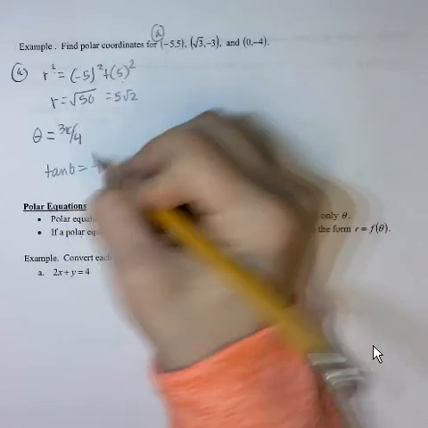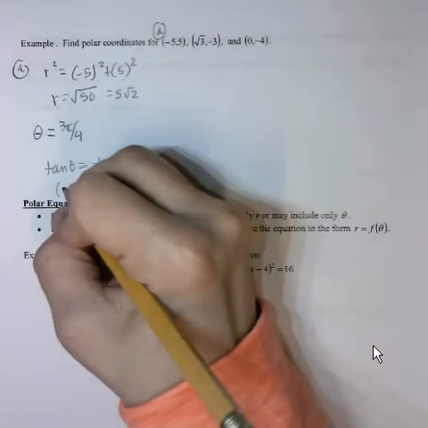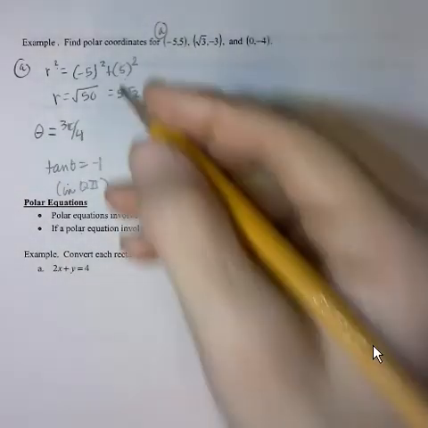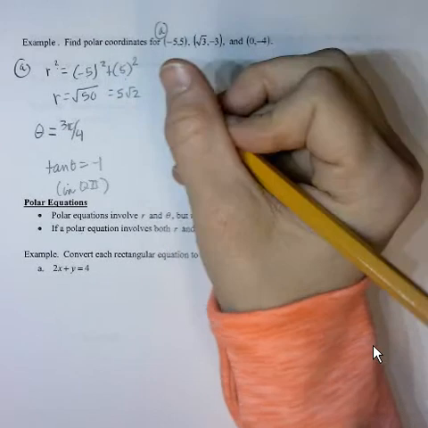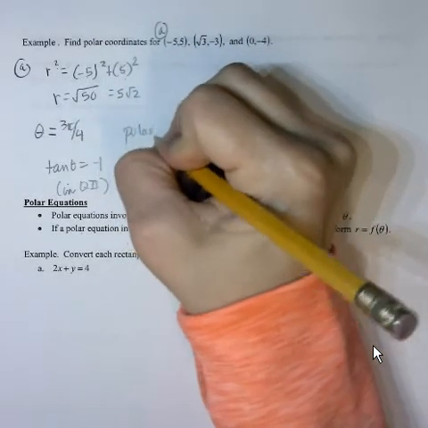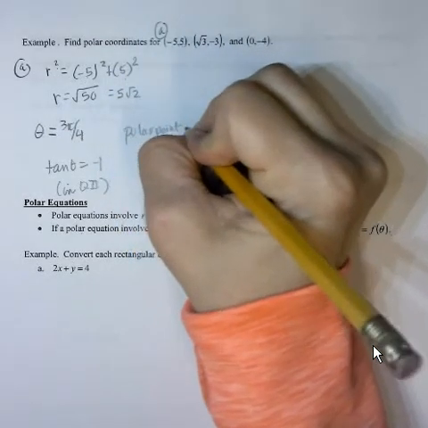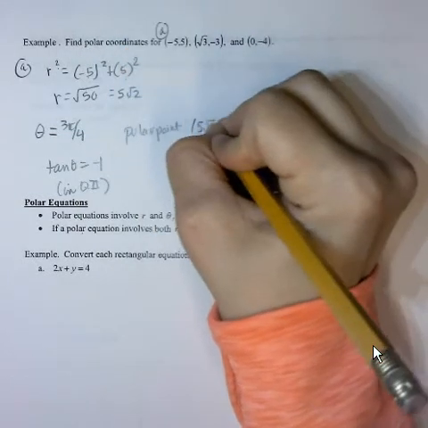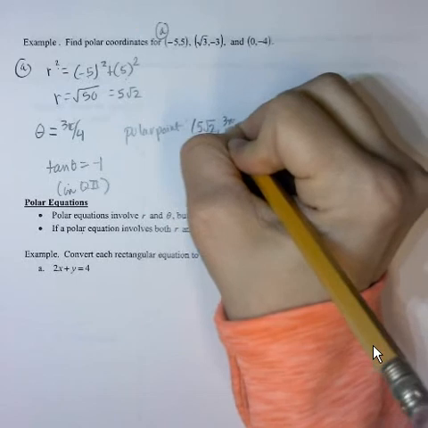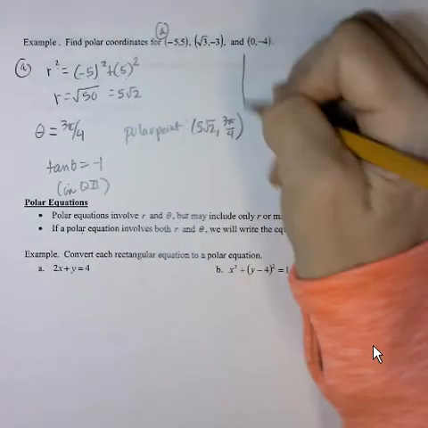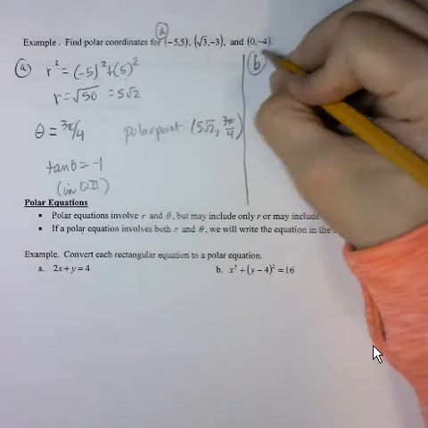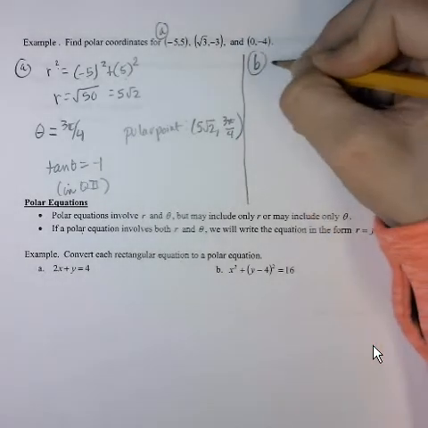And you have to think about the quadrant, in quadrant 2, so that you get 3 pi over 4. Okay, so our polar point is r is 5 square root of 2, theta is 3 pi over 4.